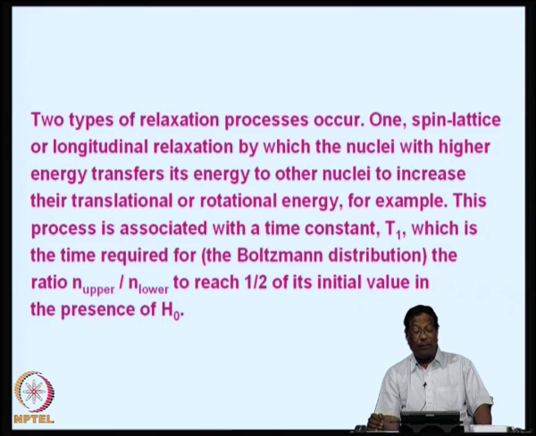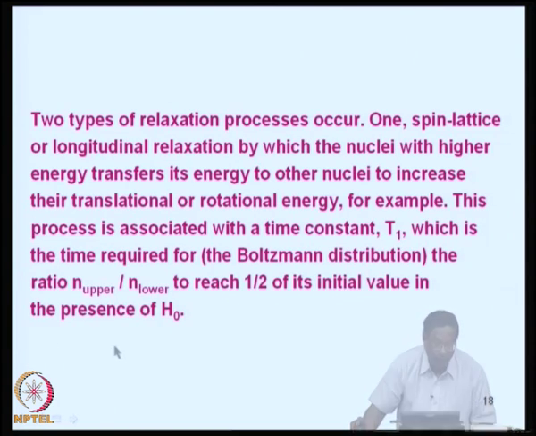This process is associated with a time constant. It takes some time for the excited nuclei to transfer part of its energy. This is denoted by T1, which is the time required for the ratio n upper to n lower, that is the population of the atoms, to reach 50% of its actual value in the presence of the applied magnetic field H0.